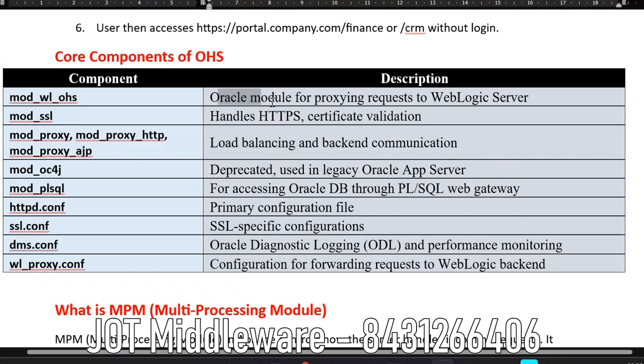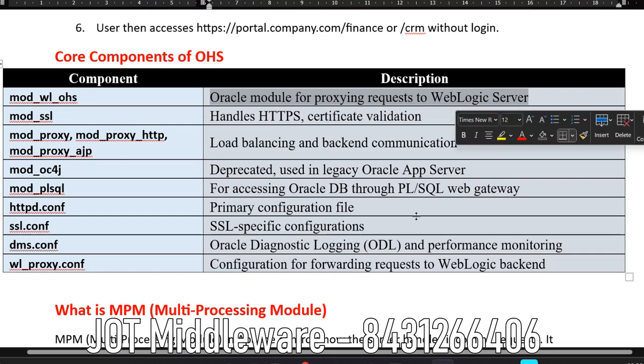It is an Oracle module for proxying requests to backend WebLogic servers. So just like mod JK in JBoss environments and Tomcat environments. Mod JK is a module that proxies the requests in high availability environments.